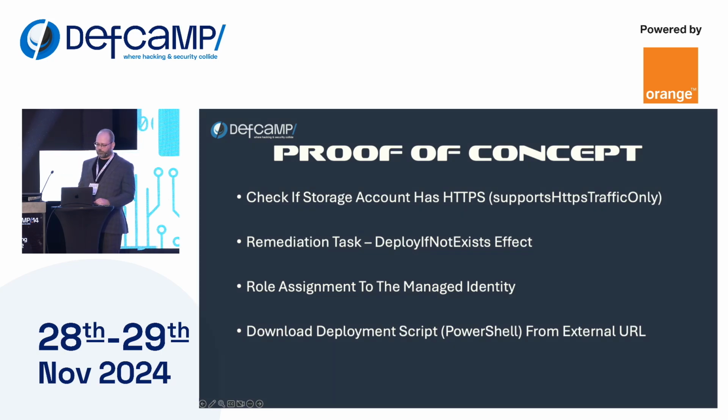And there is a nested deployment template that contains a deployment script, which is basically just a PowerShell script where you can write and do all the tasks that you want to do. And the cool thing is you don't need to include the script itself in the deployment template, you can reference it. In my case, it can be an external URL, and I put it in a GitHub repository.